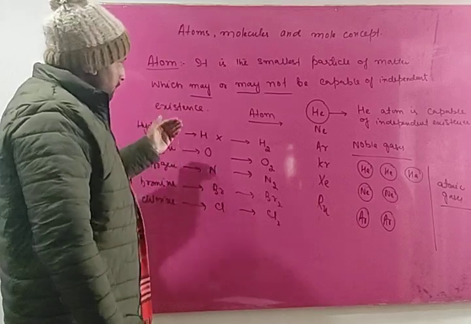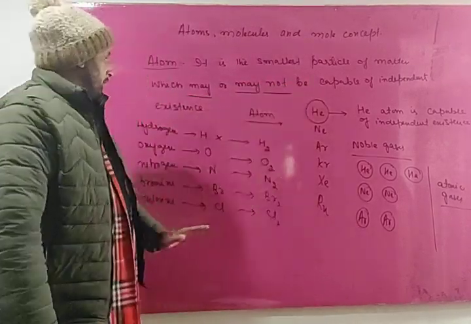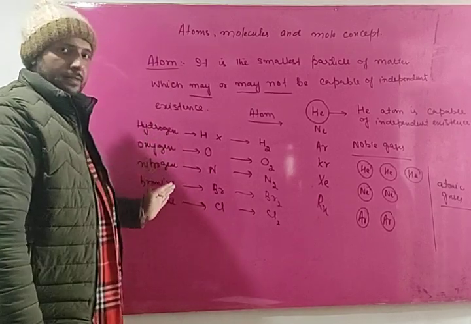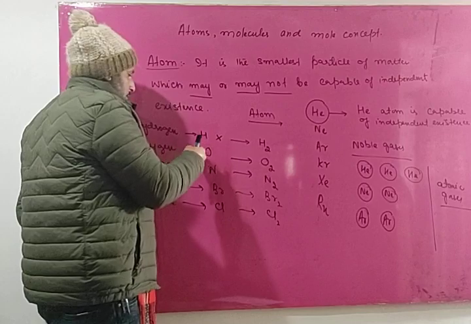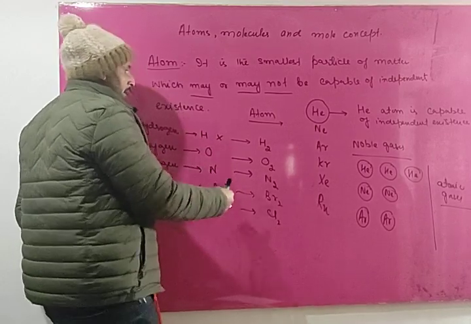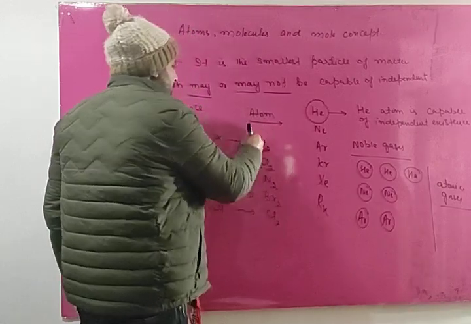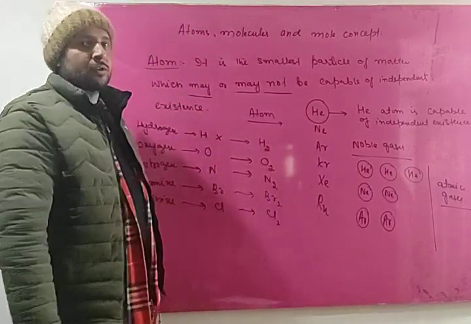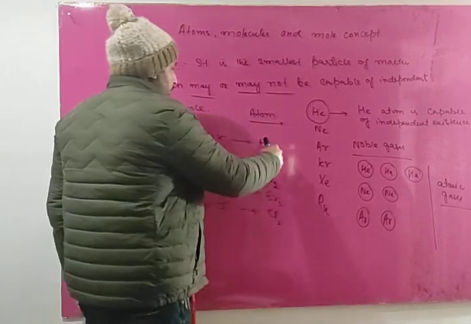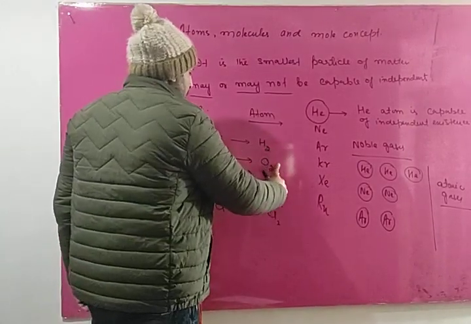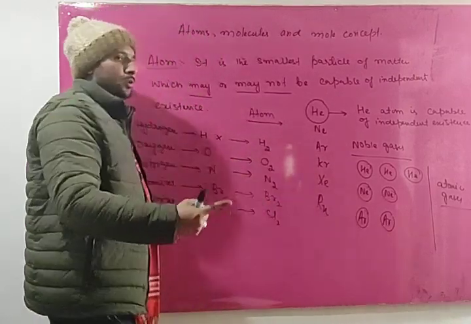But some atoms are not capable of independent existence. Atoms of these elements, hydrogen, oxygen, nitrogen, bromine, chlorine, do not independently exist under natural conditions. So we have hydrogen molecule, oxygen molecule, nitrogen molecule, bromine molecule, chlorine molecule, iodine molecule, etc.